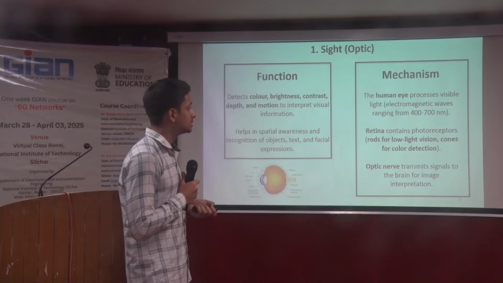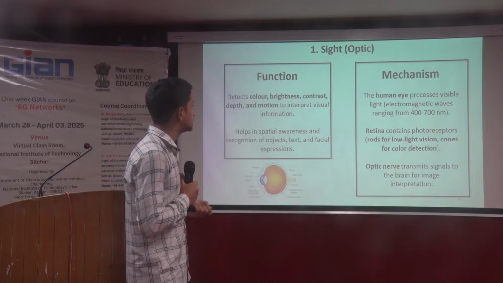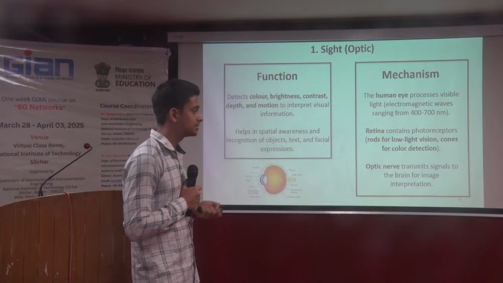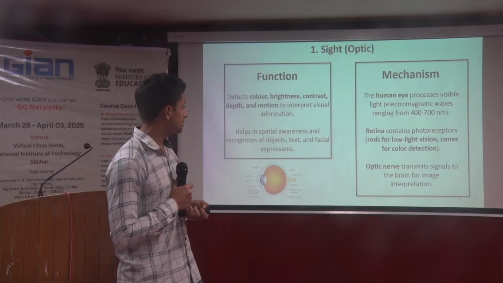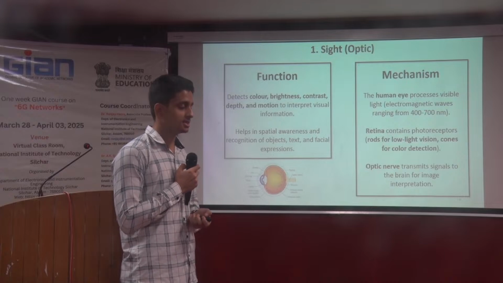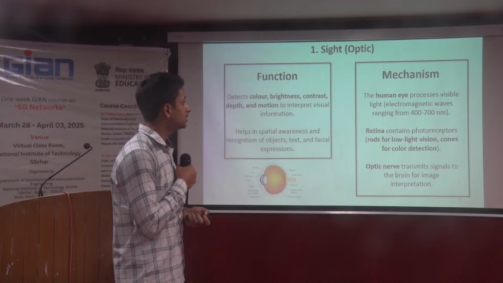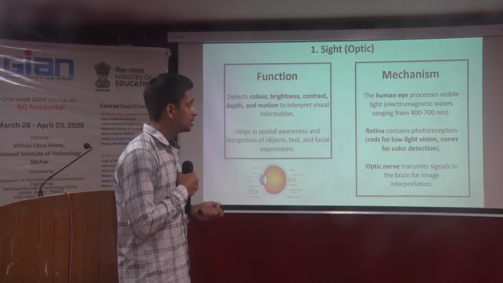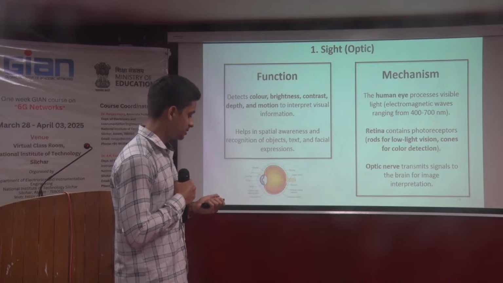These are some topics for sight or optics. Optic nerves transmit signals to the brain for image interpretation, so for image interpretation of what the eyes see, we can store them.